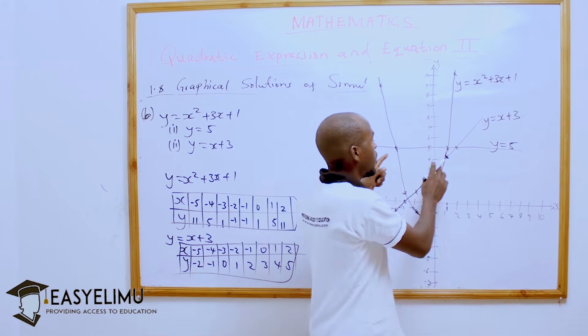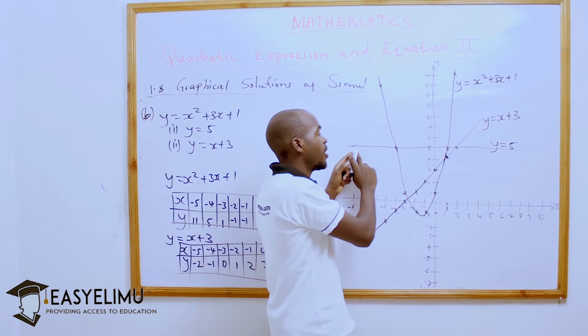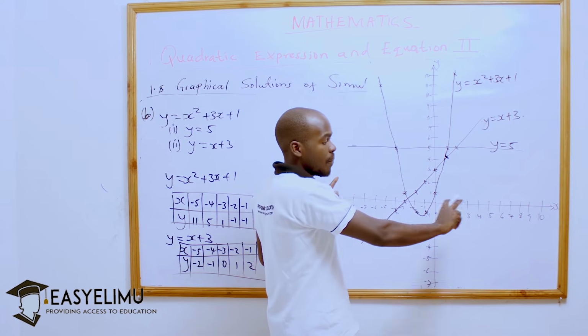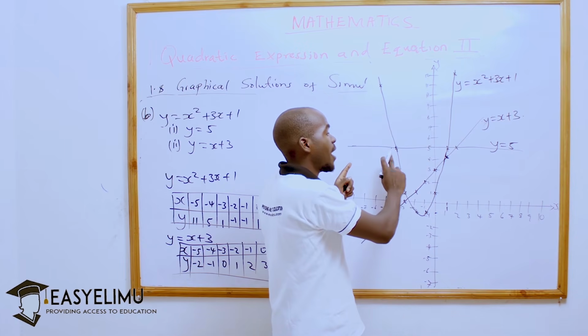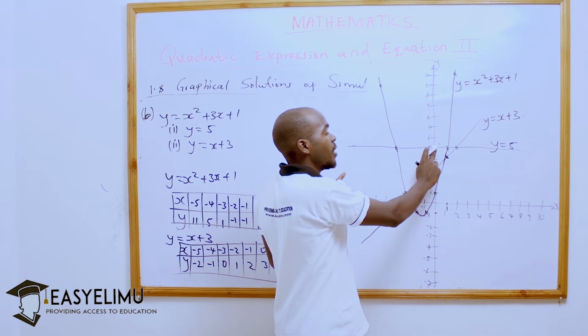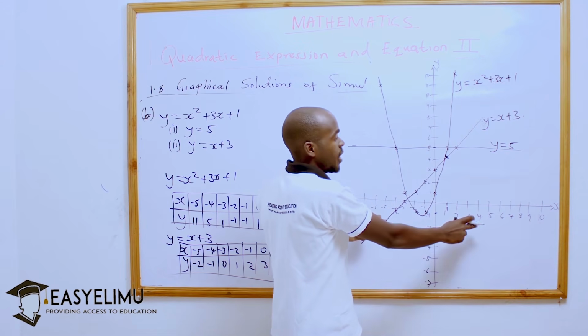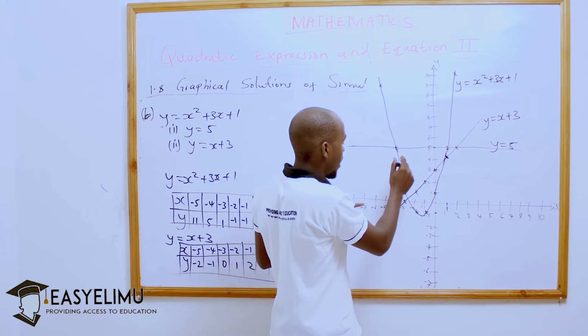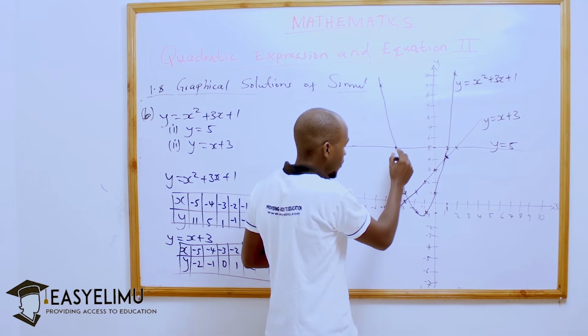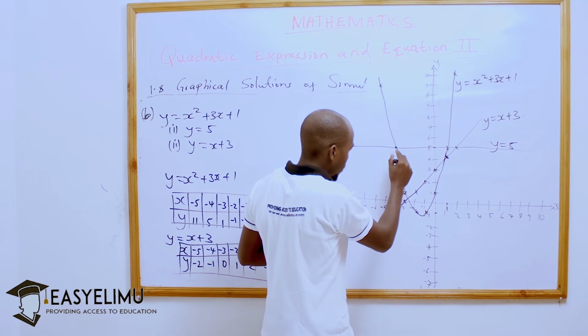y equals 5 is a straight line running parallel to the x-axis and running through y equals 5 at this point. So it cuts the graph at this distinctive point.